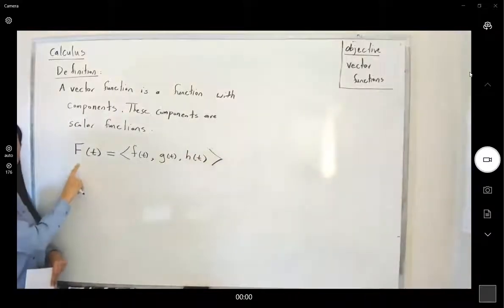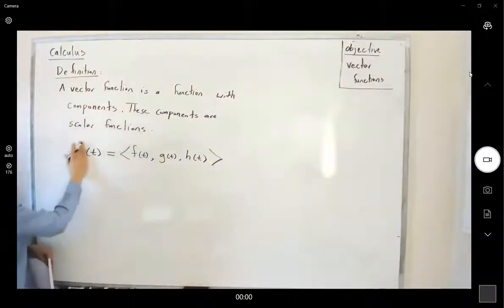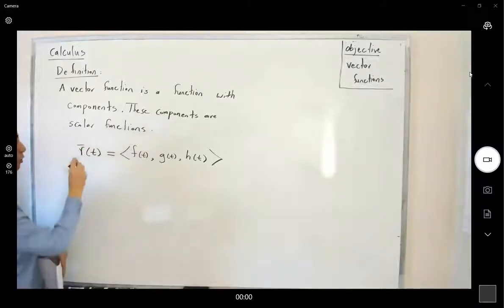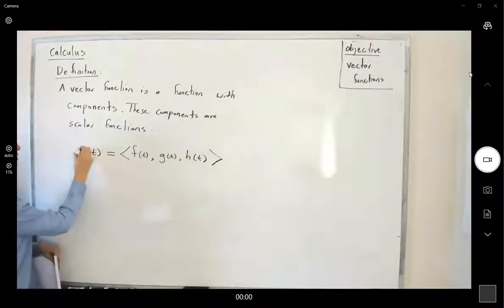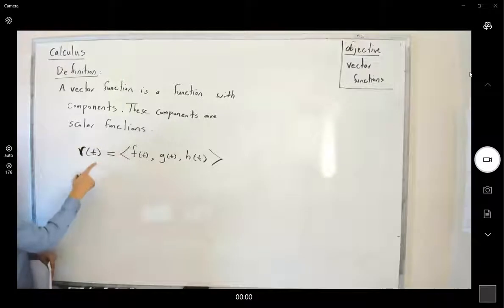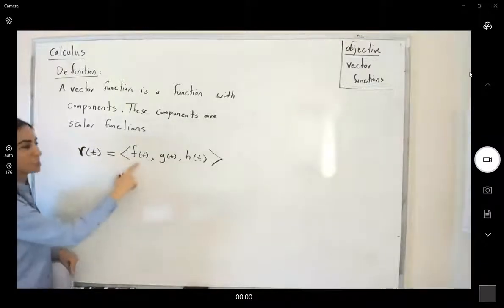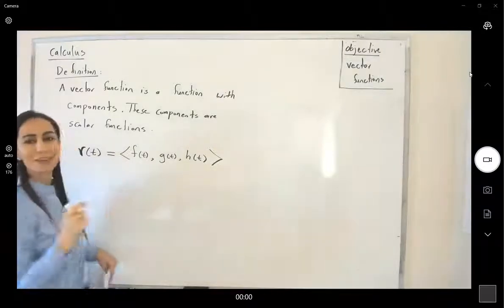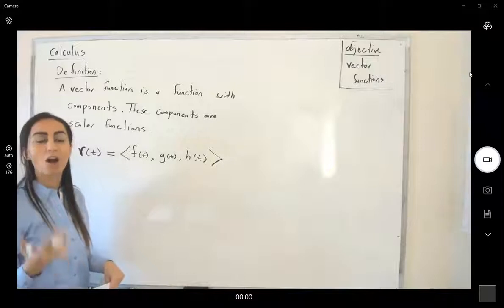Instead of f of t, we can use r of t as well. But note that since it's a vector function, we usually write a little bar on top of r, or if you don't want to use a bar, you bold the letter. R of t equals, this is a vector function. It means that it has some components. These components, instead of being numbers, are functions.